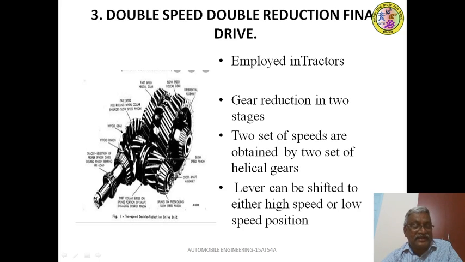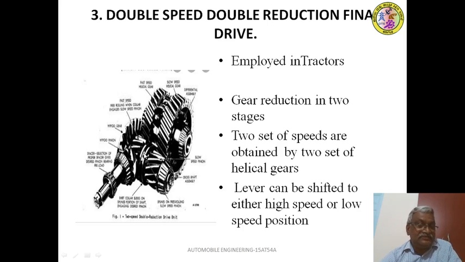Then the power is transmitted from the pinion and crown wheel to the second helical pinion, to the corresponding second helical gear. Then power is transmitted from this helical gear to the half shafts. So like that, here also there is double reduction, but we are going to get two sets of speeds.